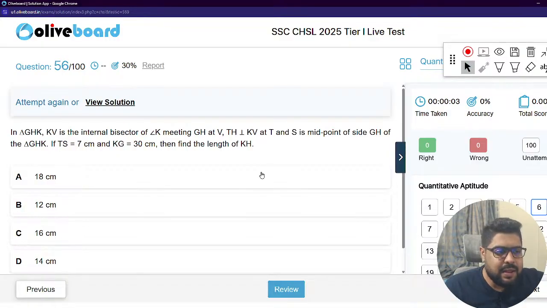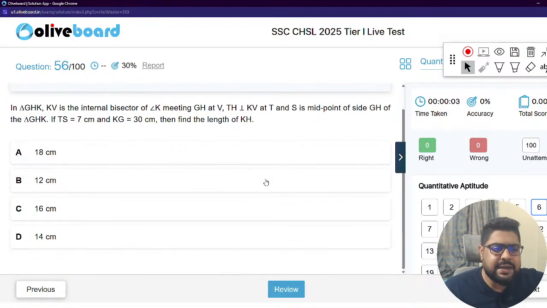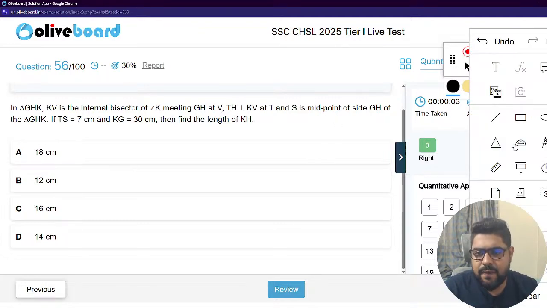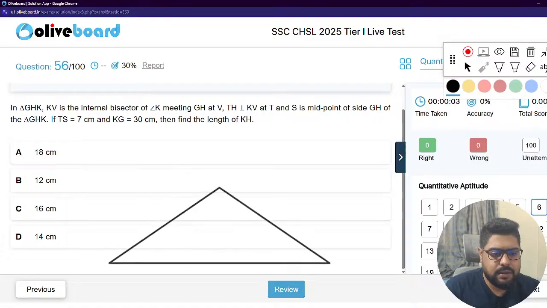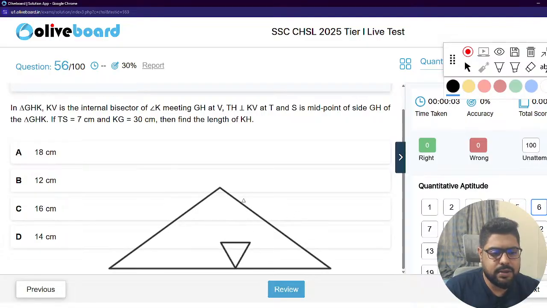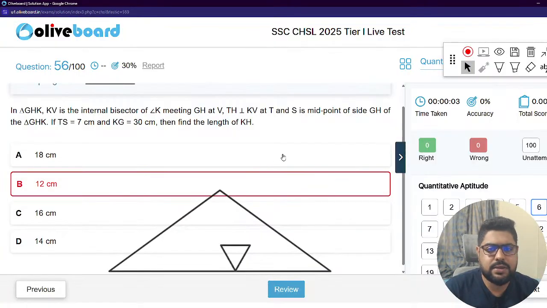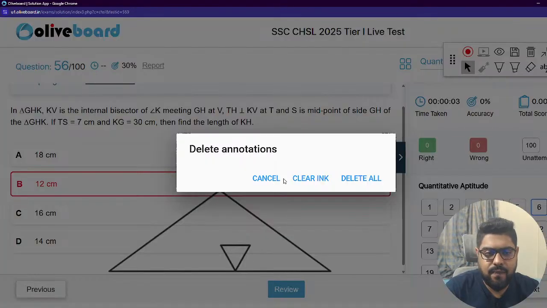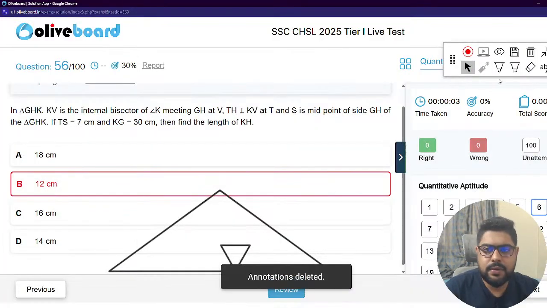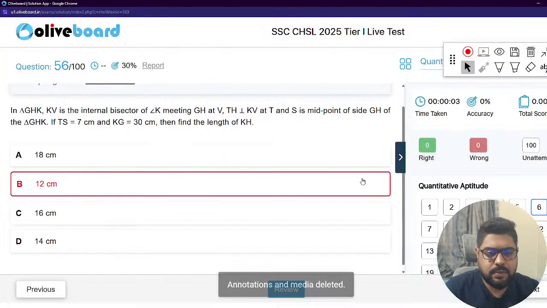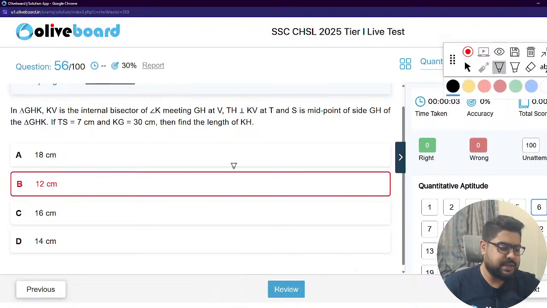Next one. In triangle GHK, KV is the internal bisector of angle K, meeting GH at V. Okay. Sorry, this was a mistake, I'll draw by hand only.